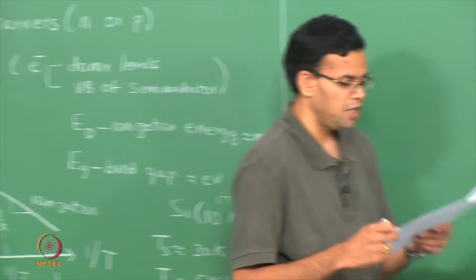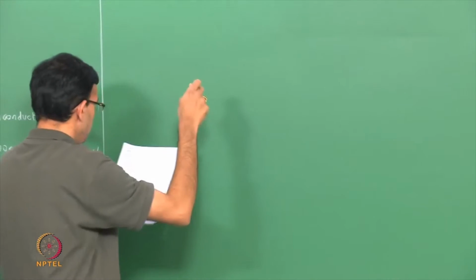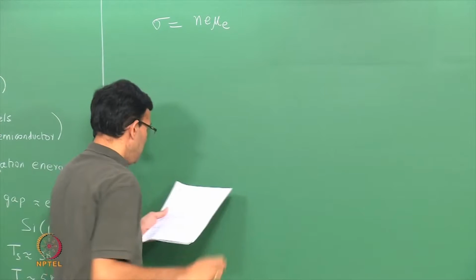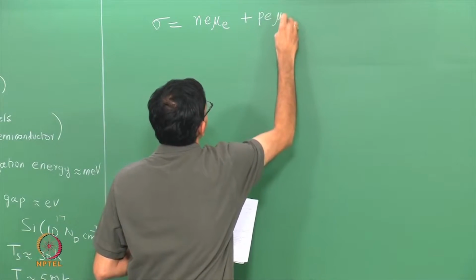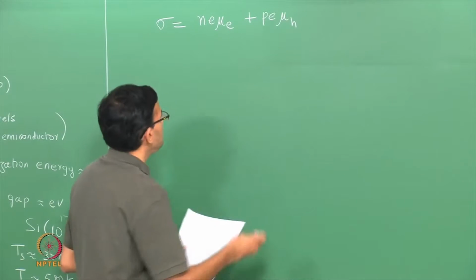So, we start with the equation for conductivity. We have written this earlier. Sigma is N e mu E plus P e mu H. This is your general equation for the conductivity.